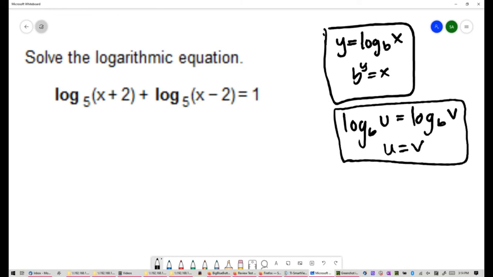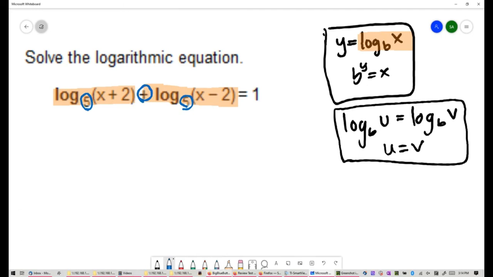When I'm looking at this equation, I notice that the logs are both on the left-hand side. So with the log only on one side, I'm going to use the method of converting. But in order to use that method of converting, you need to have a single log, just one log. So before I can convert, I need to use my log properties to condense. They do have the same base, so I'm allowed to condense.